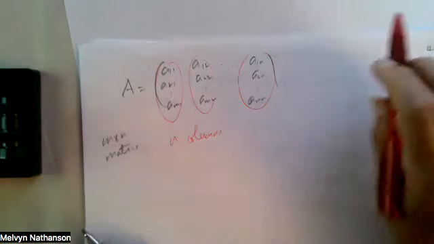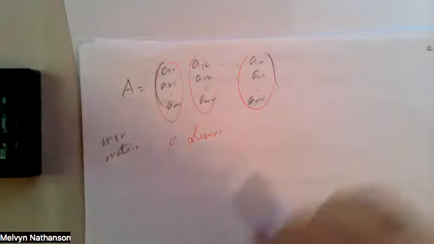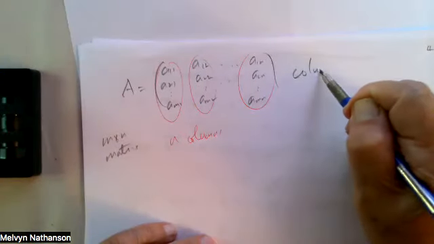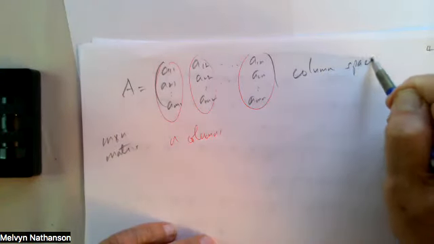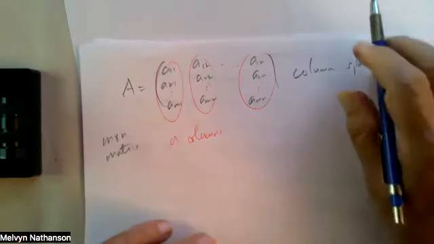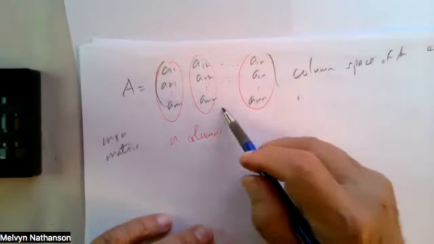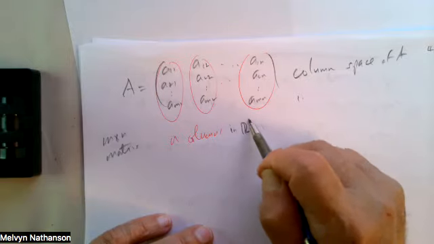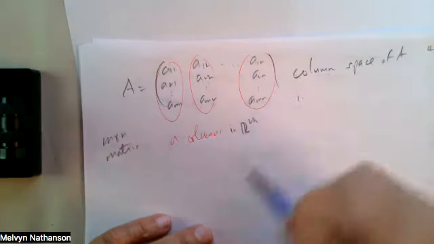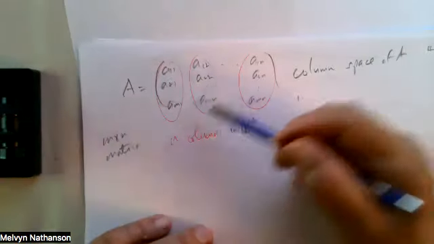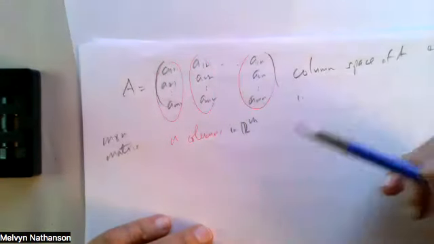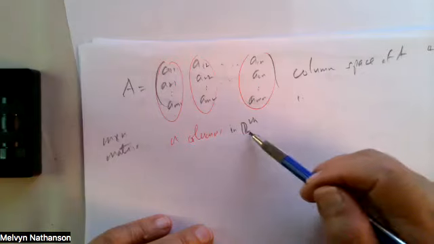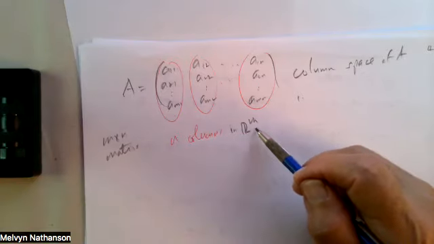We have n columns. And what is called the column space of A. So each of these columns is in Rm. Each of these has m coordinates. There are m rows, there are m coordinates in each vector. So these are vectors in Rm.